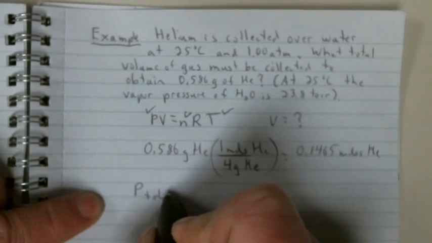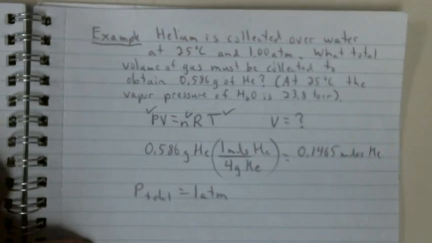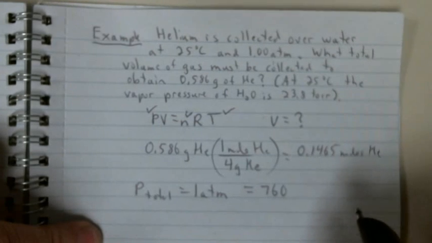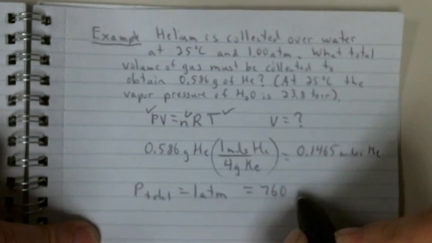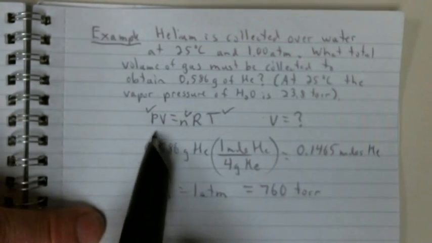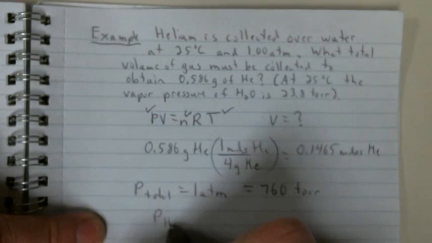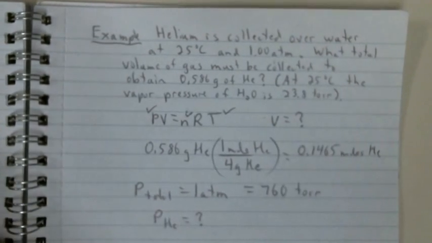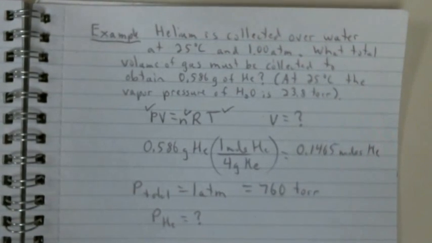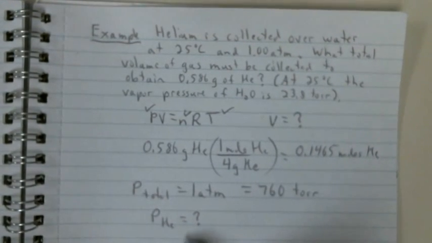The total pressure is 1 atmosphere. That's the atmospheric pressure right now, which is also 760 millimeters of mercury or 760 torr. But if we're doing an ideal gas calculation, we need the pressure of just the helium, don't we? We need to know just the pressure of the helium if we're going to calculate just grams or moles and volume of helium. So how are we going to get that?